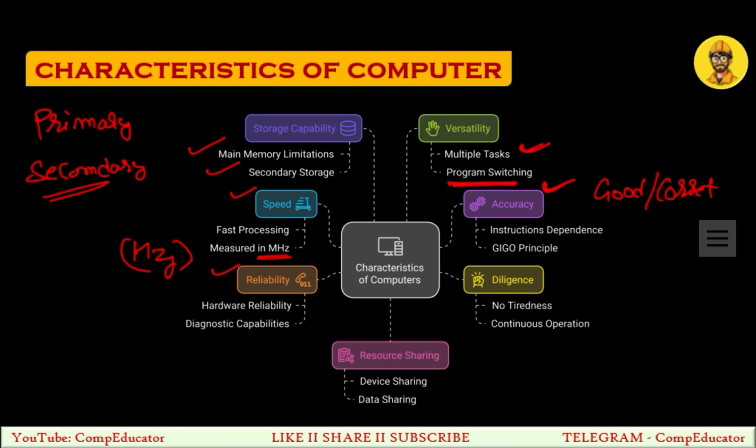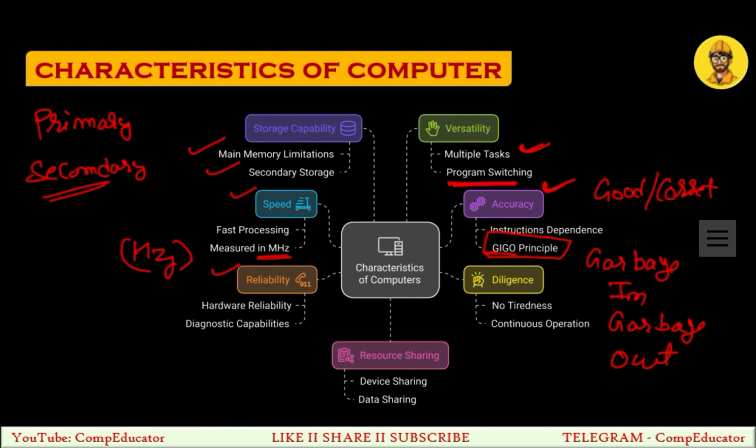If the instructions are not correct, then the output is also not correct. So in accuracy, we also learn about the term GIGO. GIGO means garbage in, garbage out.